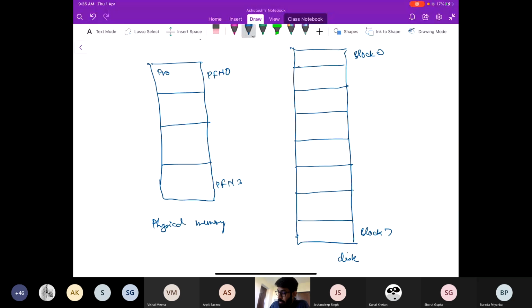Okay, and suppose at some point things might look like that. Here is process 0, and page 0 of this process is residing at physical frame number 0.